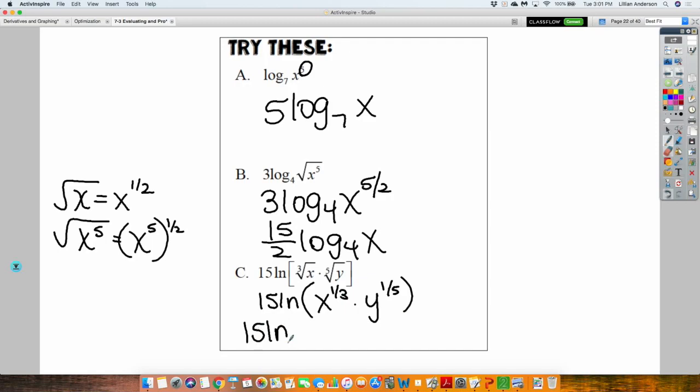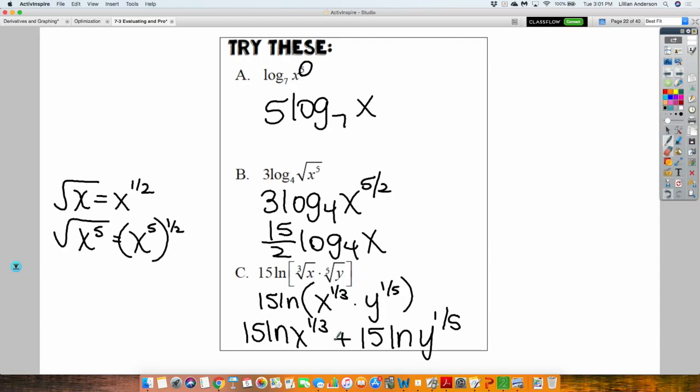So this is going to become 15 ln x to the 1/3 times 15 ln y to the 1/5. That 15 ln is going to go on both terms. Oops, and sorry, it needs to be addition and not multiplication. So then it's going to be 15 ln x y.